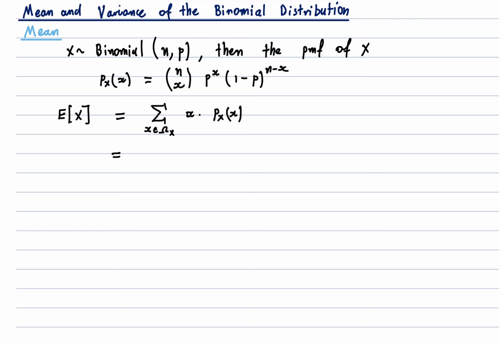Now we know our PMF is only defined for x values 0, 1, all the way up to n, and so the terminals of our summation simply go from x equals 0 to n. We still have our x, and then we multiply by the probability mass function, p to the x, 1 minus p to the n minus x.